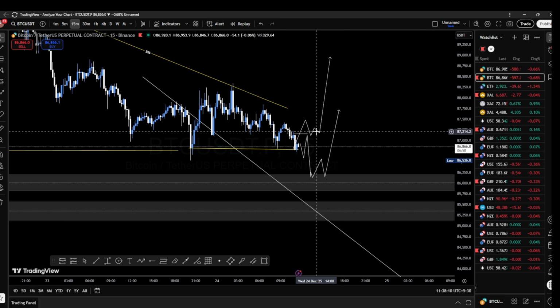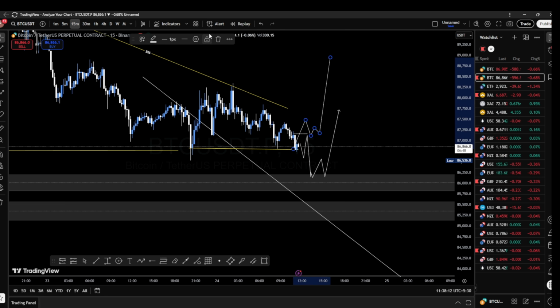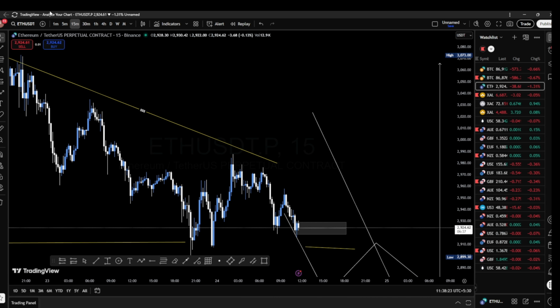But you have to wait. And scalping, I don't scalp too much, I only scalp in BTC. So this is for scalping BTC. I'm not going to say any scalps in Ethereum or any other coins or any other market.